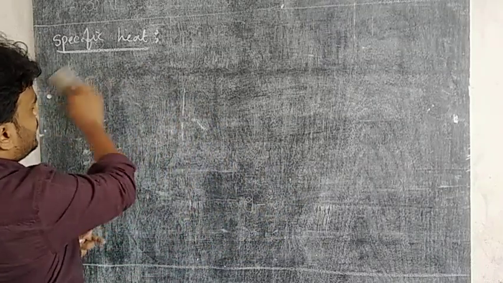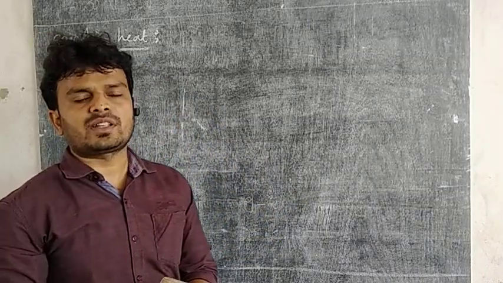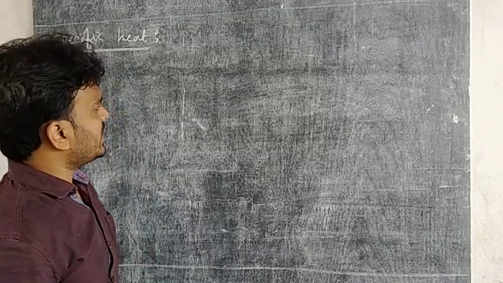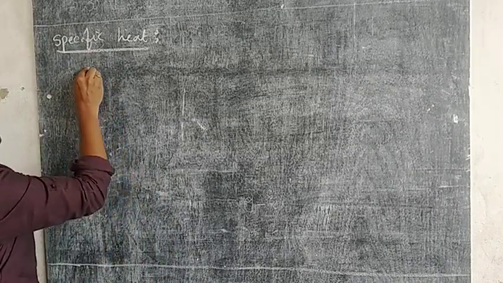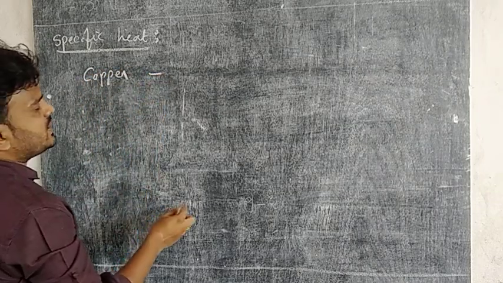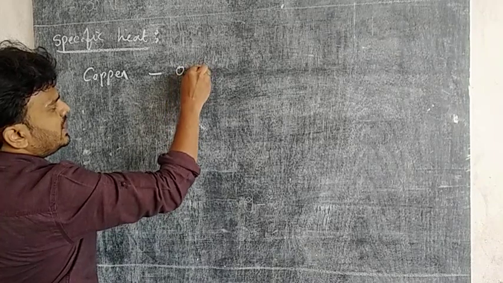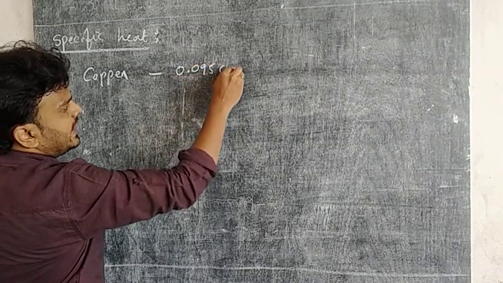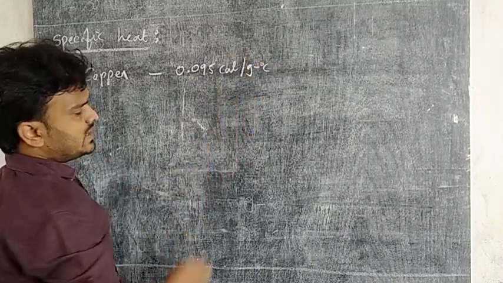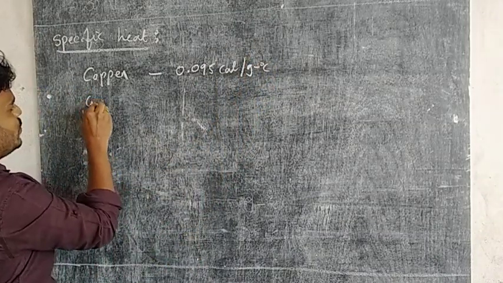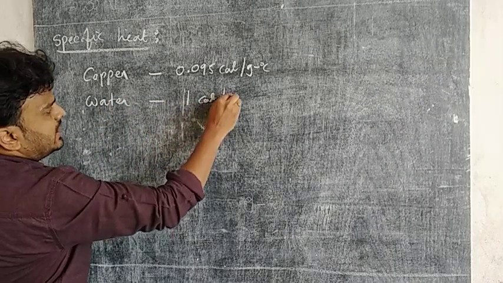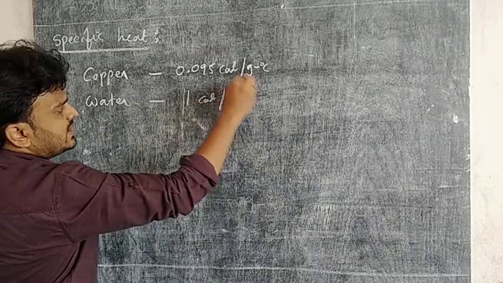For example, if specific heat is high for a particular substance, for example copper, the specific heat value of copper is 0.095 calorie per gram per degrees Celsius. Then the specific heat of water is 1 calorie per gram per degrees Celsius.